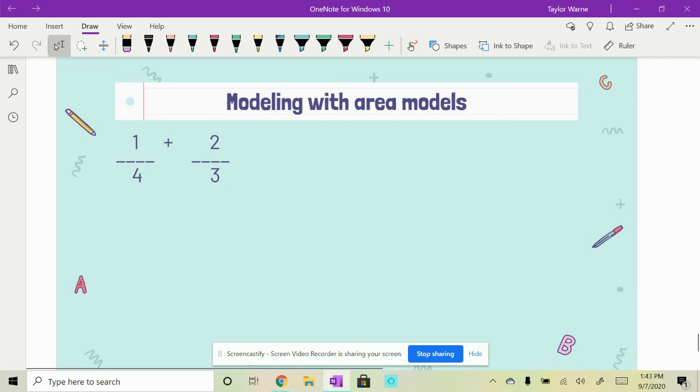Now, one thing that's really important is to understand why this common denominator model actually works. So we have this problem here, 1/4 plus 2/3. So I'm going to draw an imagery of this problem. So let's start with 1/4. If I draw a box to the best of my ability, and I break this box down into 4 equal parts.